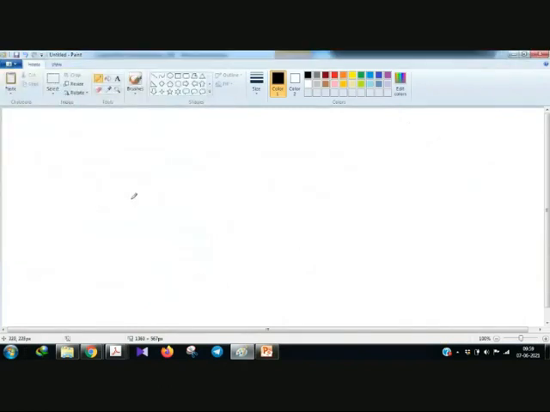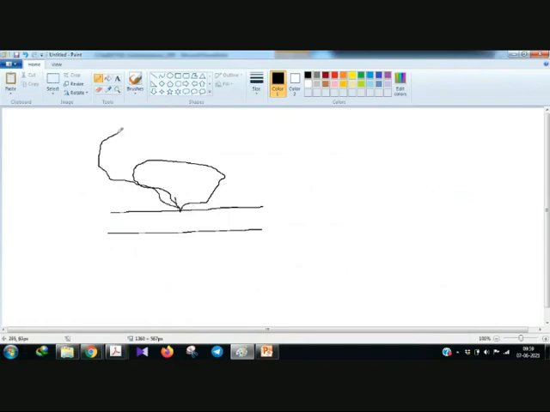Another application of GPR is detecting leaking of sewage water or leaking from a water pipe. Say this is a water pipe made up of PVC or plastic, and from here the water is leaking like this. If I take a cross section from the top, like a drone shot, you can see how the water leakage is spreading.